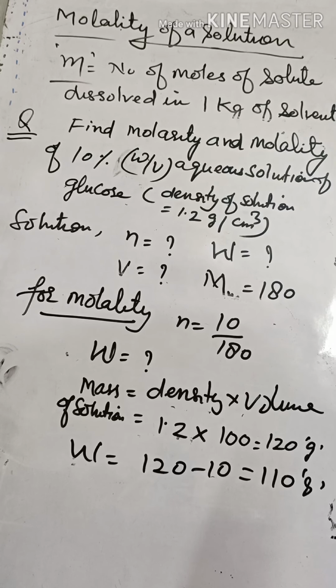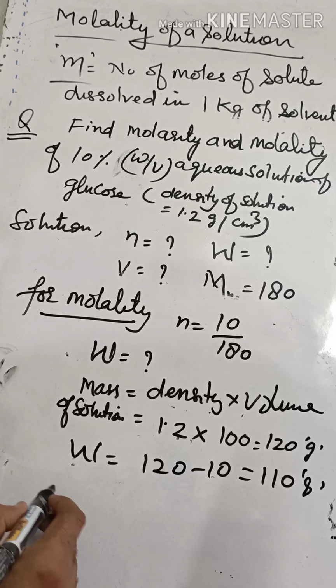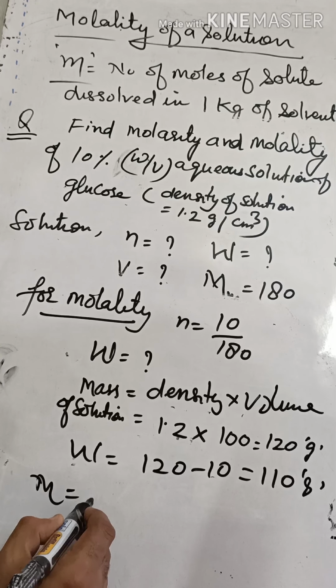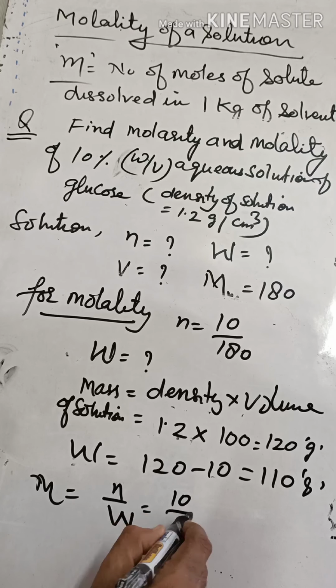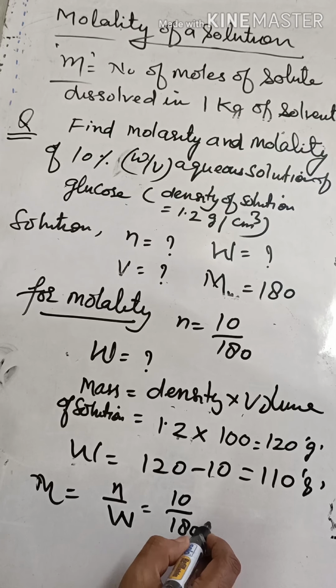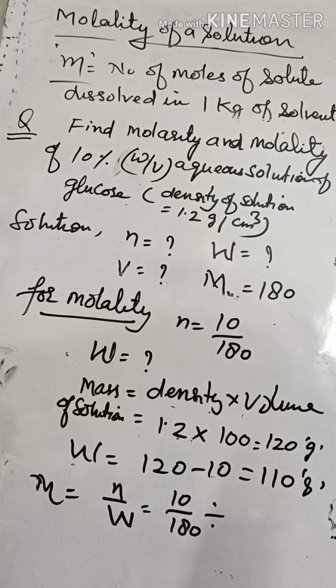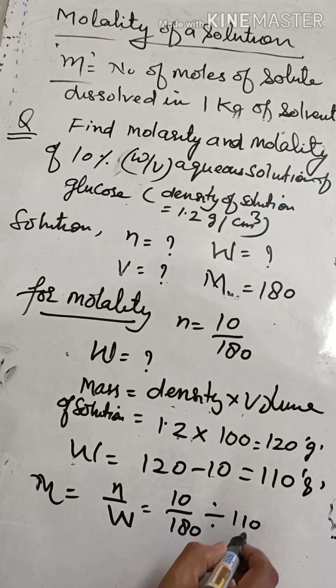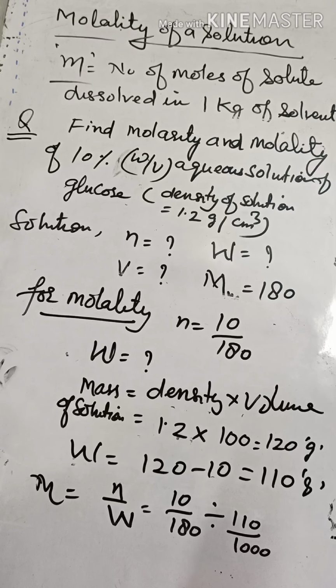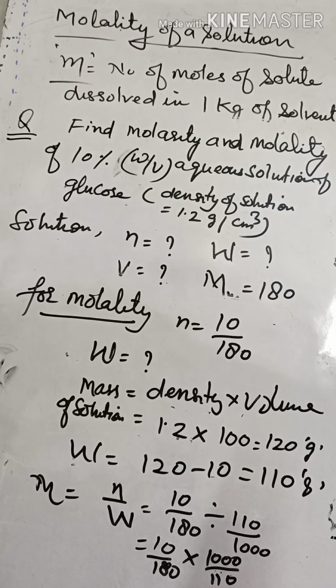Now put the value in the formula. What is the formula of molality? Small m is equal to n upon capital W. n is 10 by 180, divided by the mass of solvent, 110. Now convert it into kg. We can simplify it: 10 by 180 into 1000 by 110.